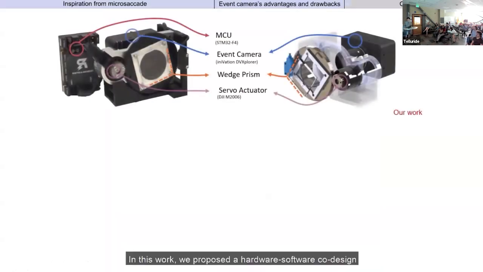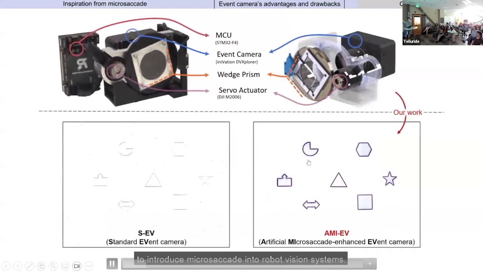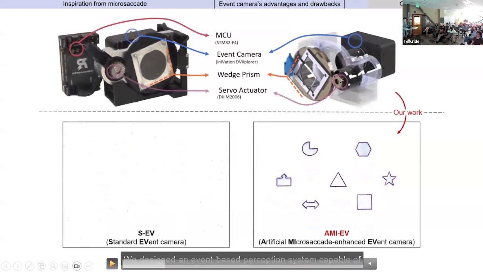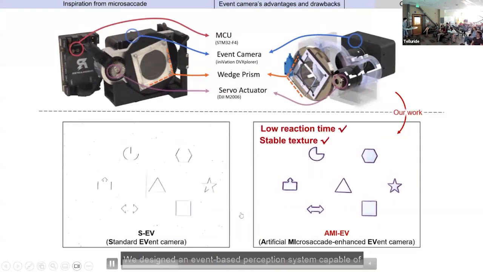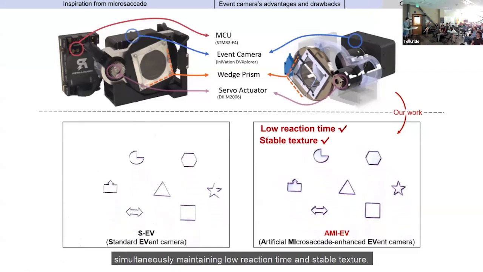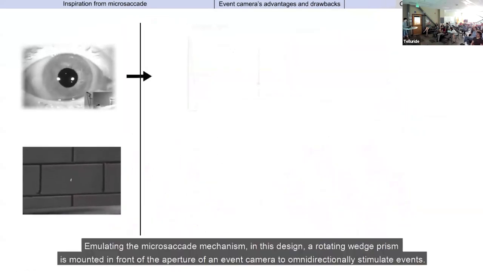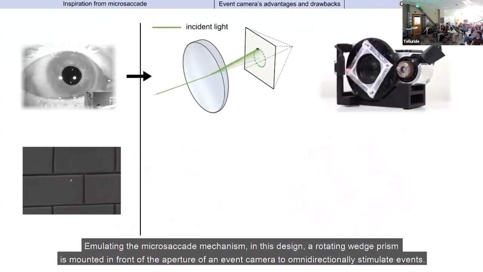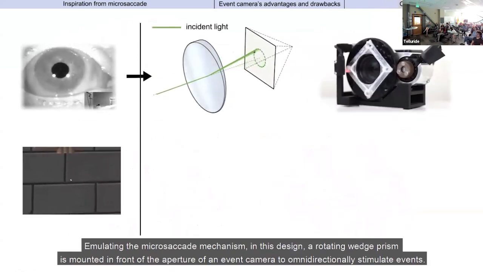So this is our design. Briefly, it enables the event camera to see the static boundaries. So basically, we add a wedge prism. It will be detailed in the next slide.